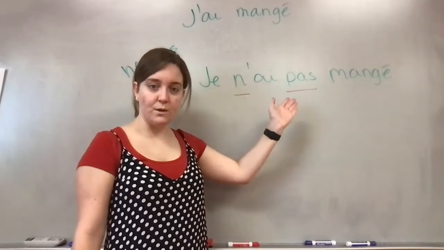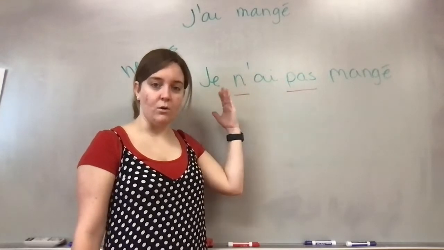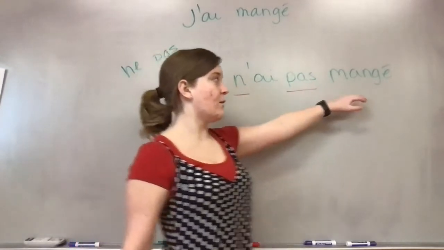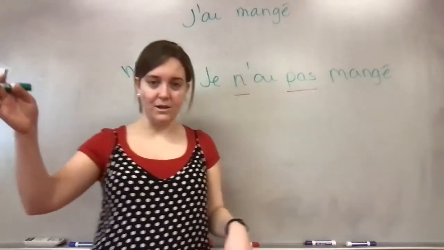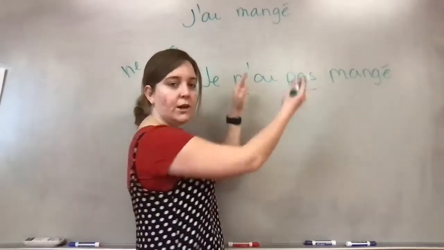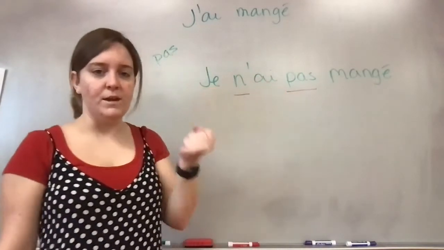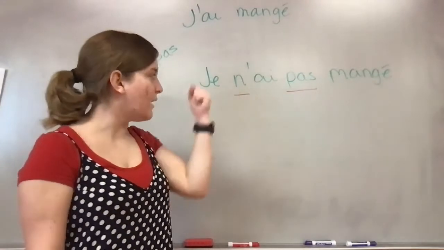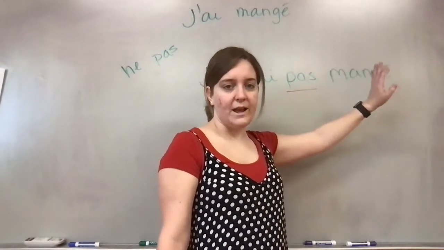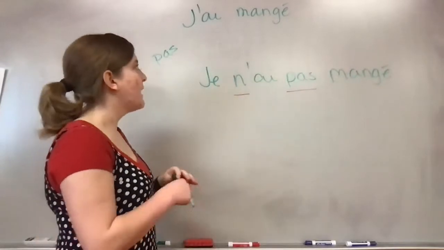So the first verb that you encounter that's conjugated, in this case, avoir, is going to go ne before avoir, pas after avoir. And then our past participle goes on the outside of it, okay? So again, think of this like a little sandwich. You got your two little pieces of bread and you got your meat there in the middle, the meat being the verb, of course, the conjugated verb, and then leave your past participle on the outside or whatever the rest of your sentence is for the passé composé.